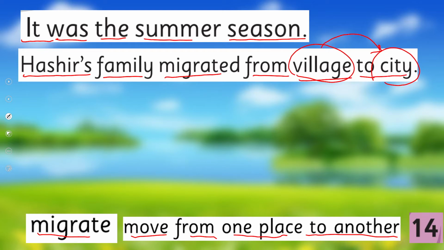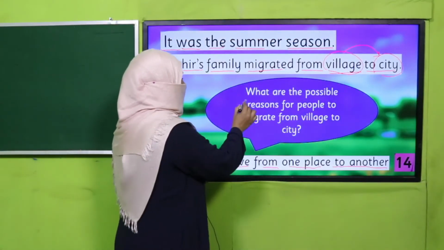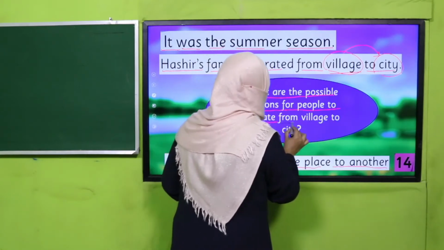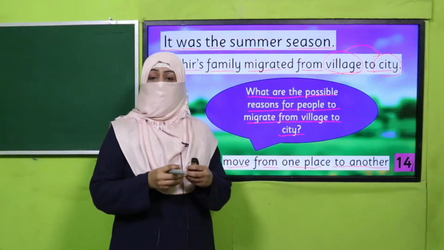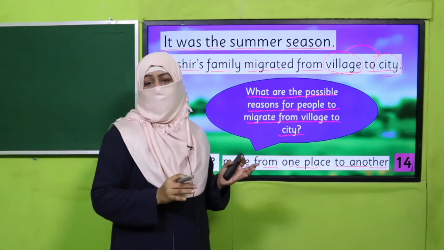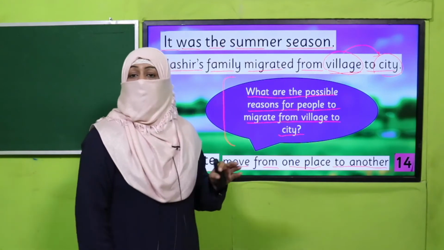All right, so here you tell me, what are the possible reasons for people to migrate from village to city? You may think about any family members of yours, or your neighbors or friends. If you have a family who has migrated, why did they migrate?